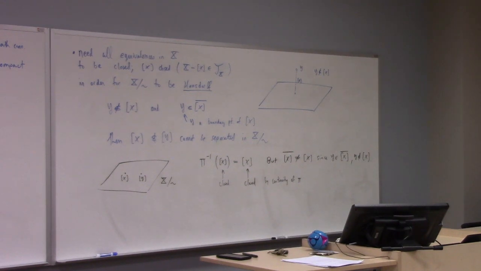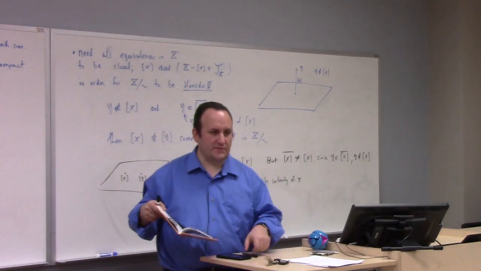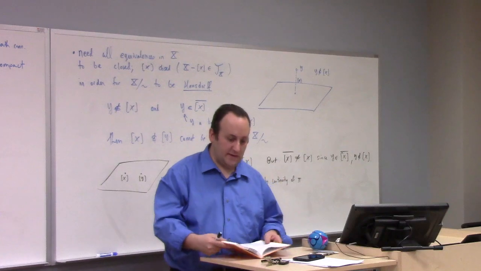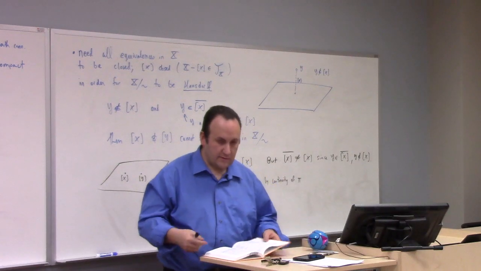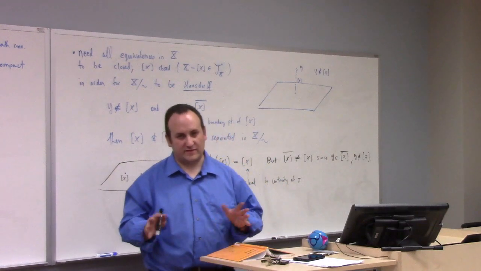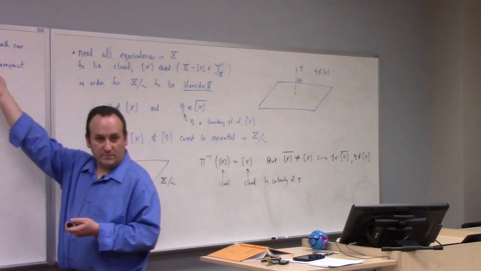He doesn't say which one is which, or does he? I can't remember. Anyway, keeping Hausdorff for the quotient is tricky, all right? And generally speaking, preserving properties of your space to the quotient is perilous. It's not guaranteed, but we do have this.